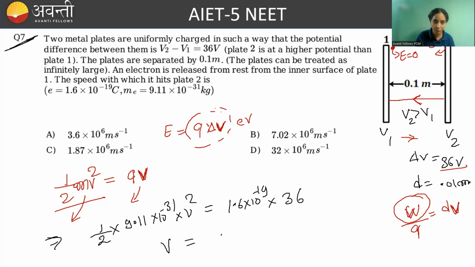So if you are going to do it, what will happen? 36 into 2, okay? 36 into 2. This 2 will go here. 36 into 2 into 1.6 divided by 9.11, root under, and the power of 10. Let's manage that here. This is minus 31 and this is minus 19.